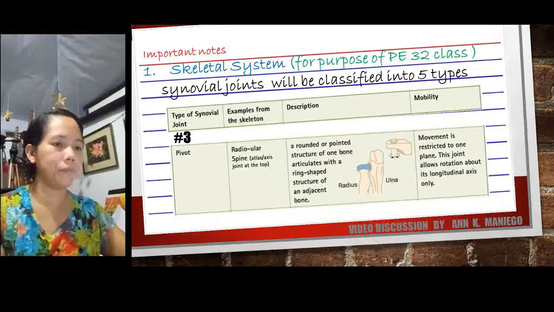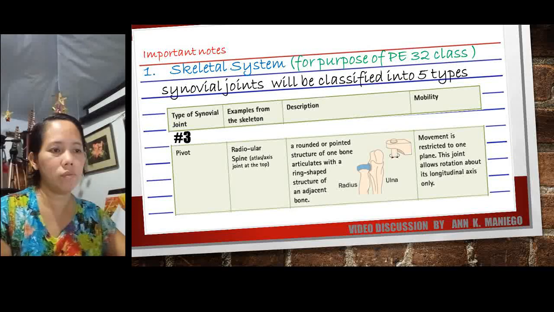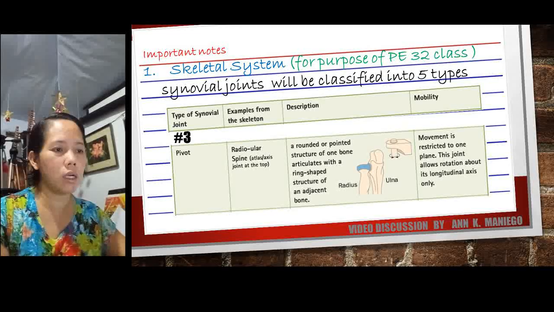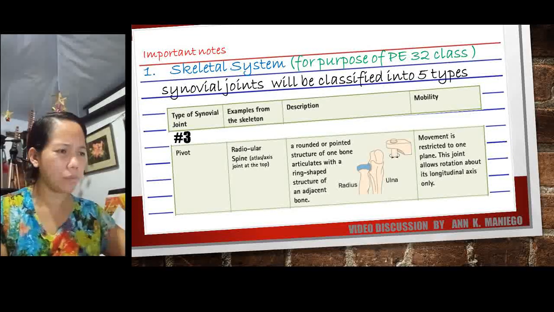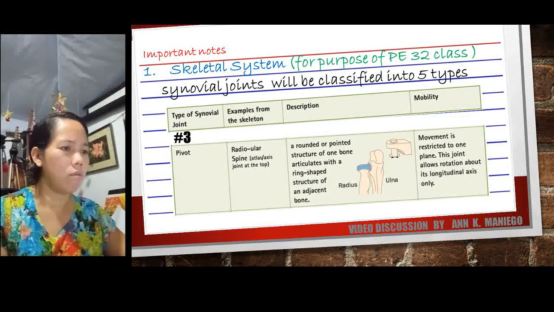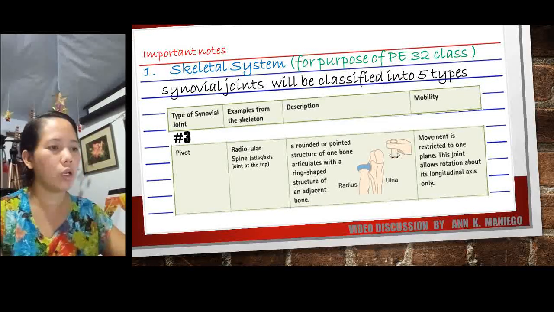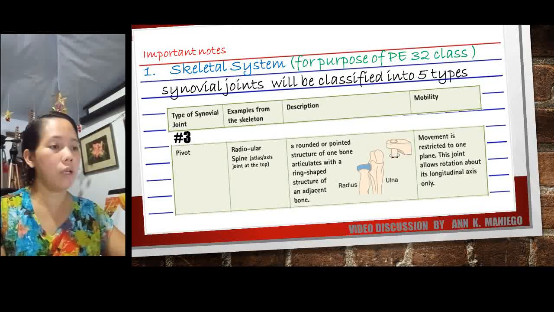Next is pivot. No? Examples from the skeleton is radioulnar, spine, atlas axis joint at the top. A rounded or pointed structure of one bone articulates with a ring-shaped structure of an adjacent bone.